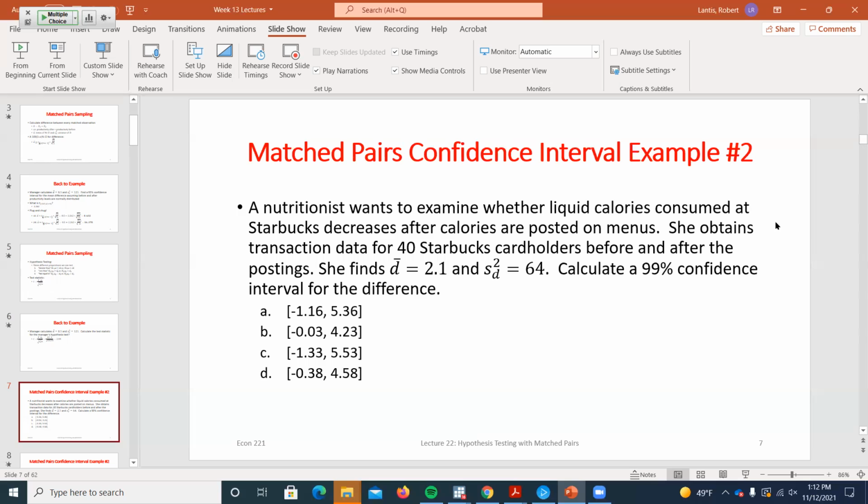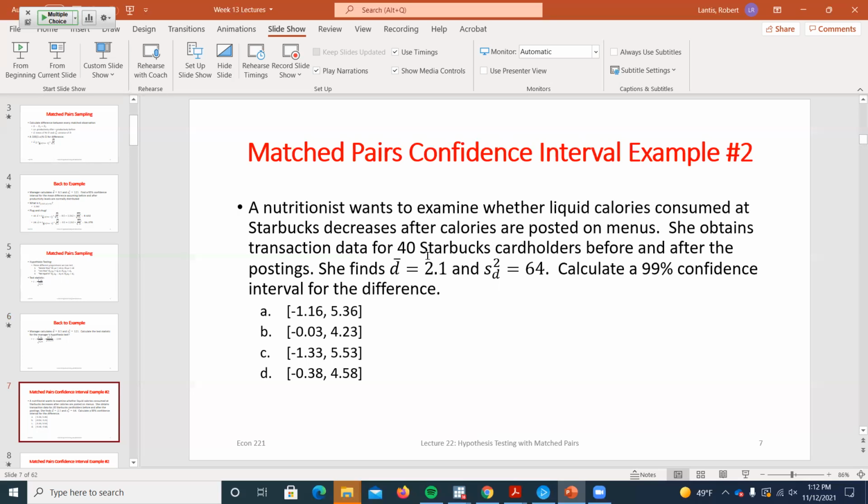This was a big change. I feel like this was about 10 years ago now, when you started to see this pop up everywhere. So you've got 40 Starbucks card holders, the same 40 people, and you can see what they were purchasing before and after this change. So you could determine calorie consumption before and after, right? Did posting this have any influence at all?